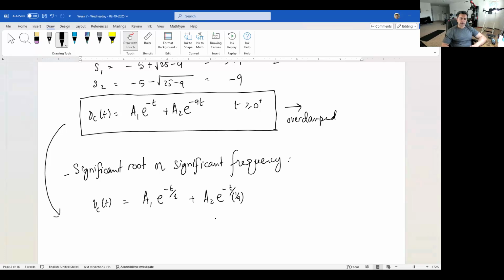So if you want to write these terms down in terms of t over tau, then of course we can convert those S1 and S2, put them in the denominator, and take the reciprocal of those. So now this can be our tau 1, and this can be our tau 2. It's the same equation that is written on top.